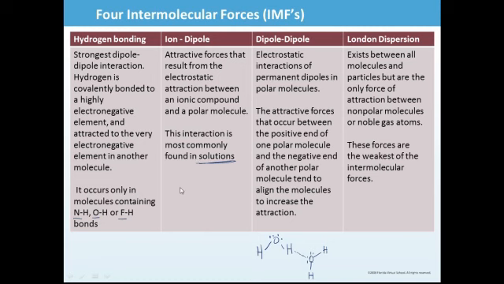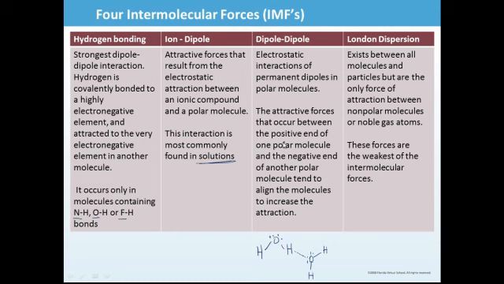Ion dipole is when we have an ionic compound in a solution. So we would have, let's say, NaCl being dissolved in water, or KCl dissolved in water, or some type of solution. So that is very quick and easy to eliminate, because if you don't have an ionic bond in water or solution, you don't have ion dipole.